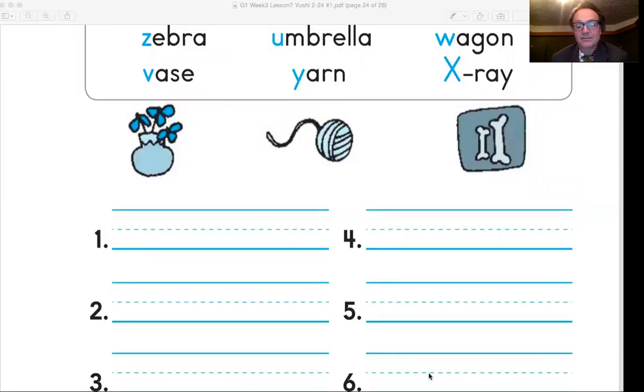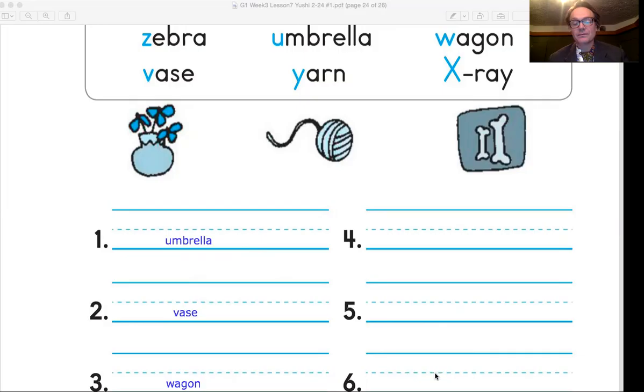Is that what you have under number 1? There we go. And then the next one, number 2, is going to be vase. And number 3 is going to be wagon. Did you have that?